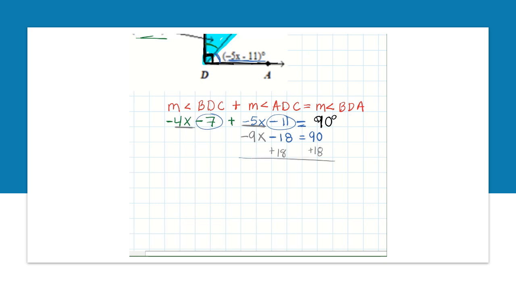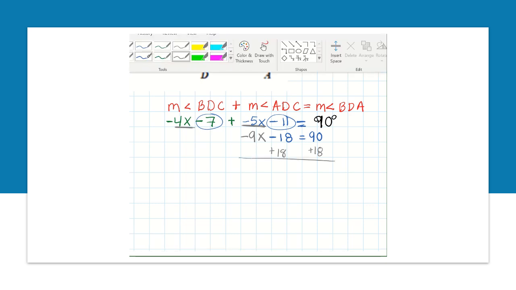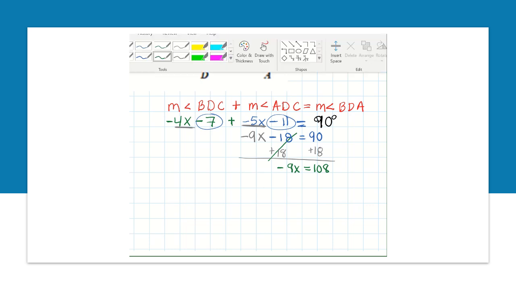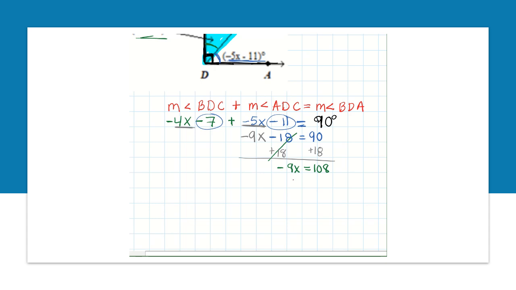On the left side of our equation, we're going to have negative 9x left. And on the right side, we get 108. The last inverse operation that I need to perform is division. If I divide by negative 9 on both sides, I get that x equals negative 12.